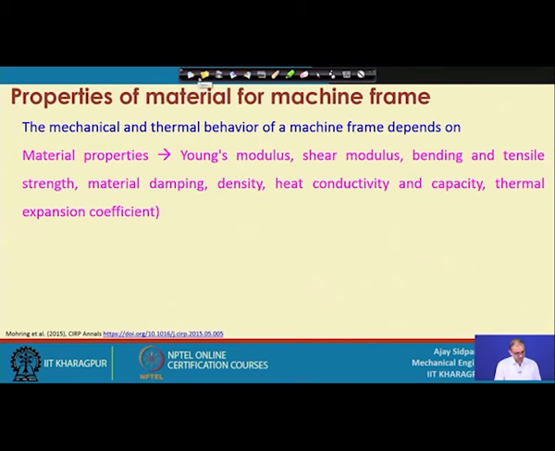Young's modulus is one of the properties, then shear modulus, bending and tensile strength, because we are in different types of machining operation. Consider that suppose this is our workpiece. Now, if you want to cut a slot here, so this is the slot which you want to cut, correct.